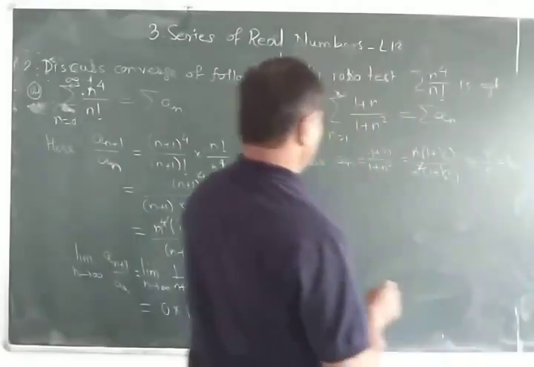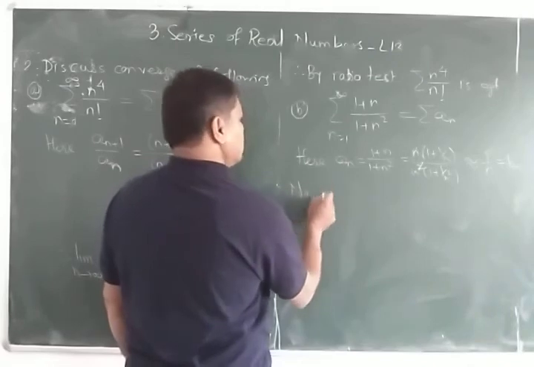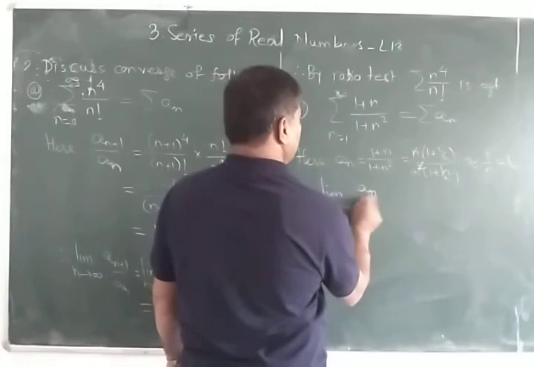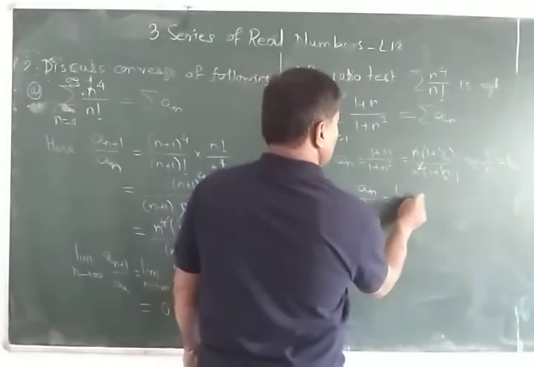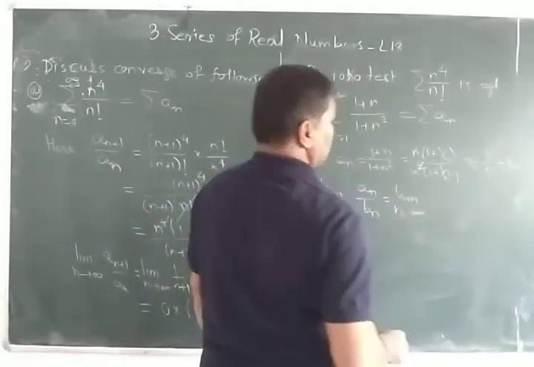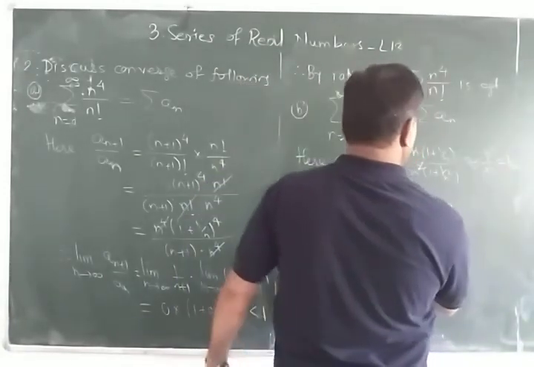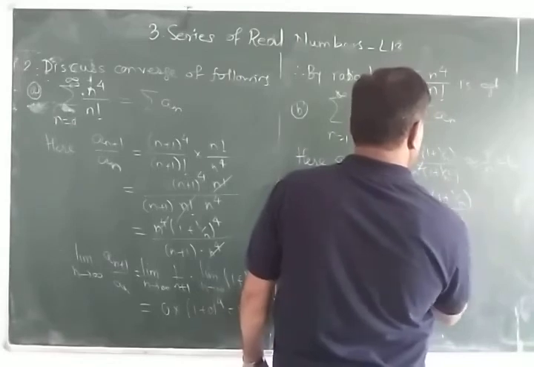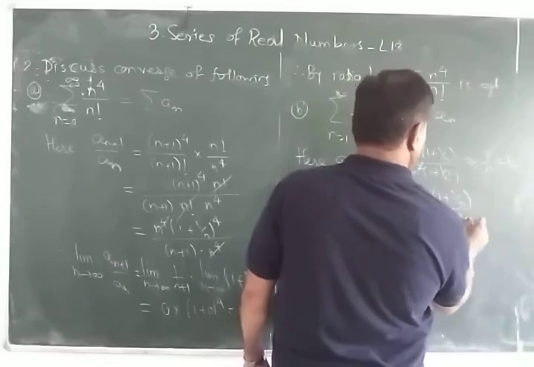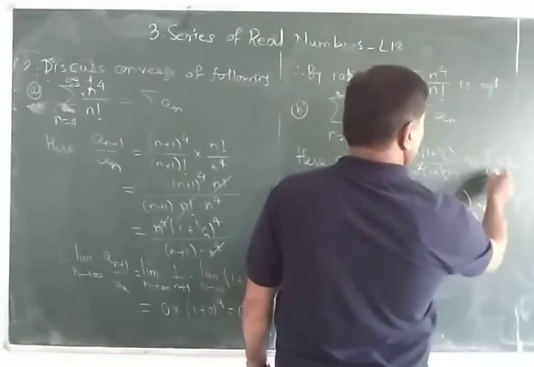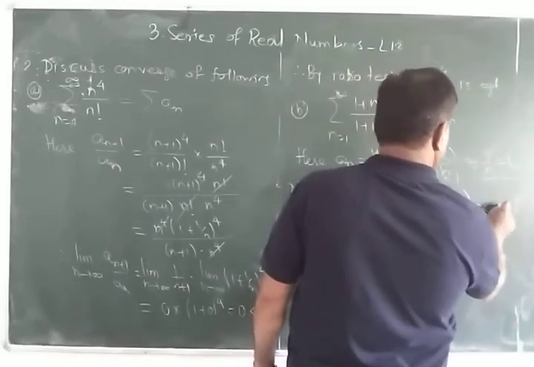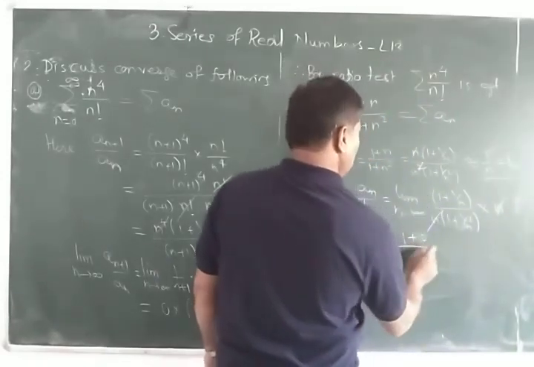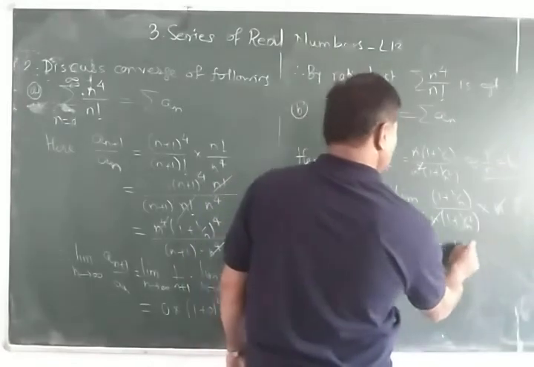Now limit n tends to infinity of an upon bn is equal to limit n tends to infinity of (1 plus 1 upon n) upon n into (1 plus 1 upon n square) into bn. bn is 1 upon n. So this n gets cancelled, and then this limit will become (1 plus 0) upon (1 plus 0), which is 1, not equal to 0.